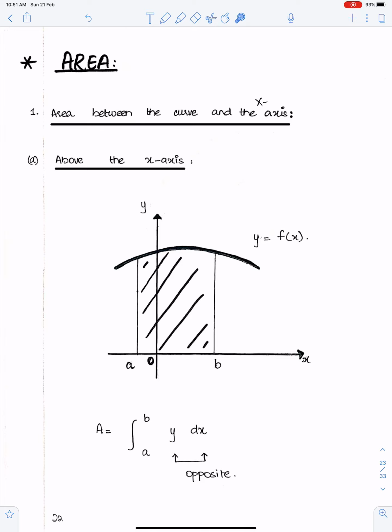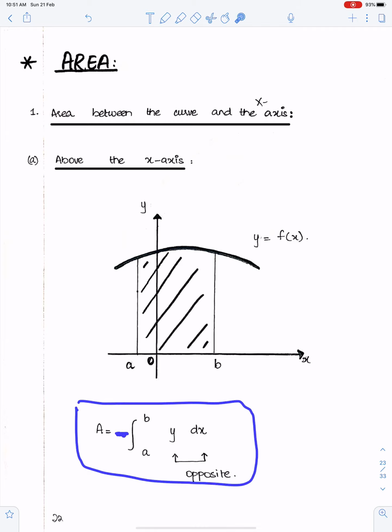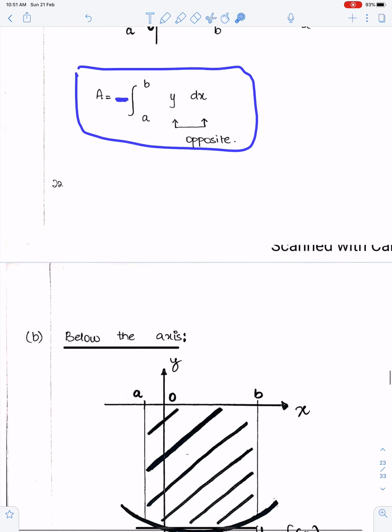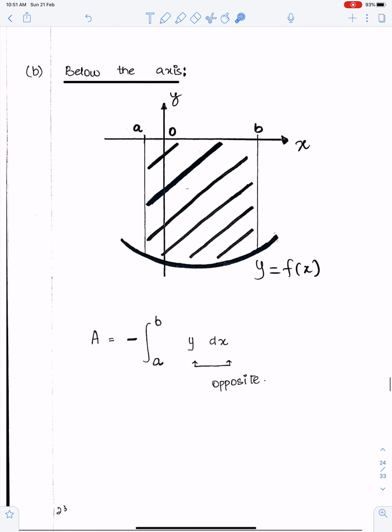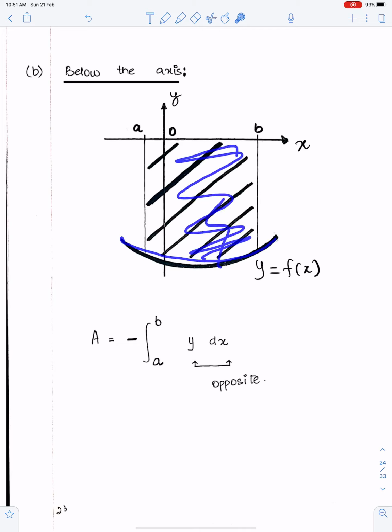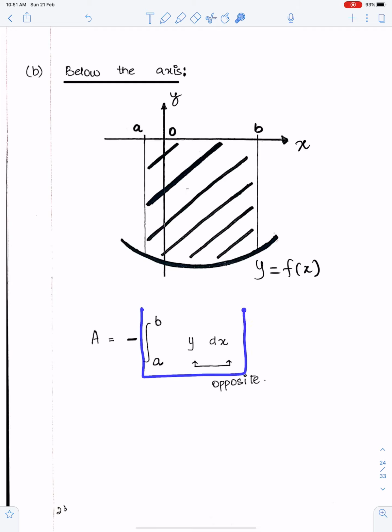Well, when the curve is below the x-axis, then you will use the same formula but write a negative sign before the sign of integral. Like in this situation, this curve is below the x-axis. You need this area, the area between the curve and the x-axis. So you need to use the same formula but write a negative sign before the sign of integral, because this answer will be negative.